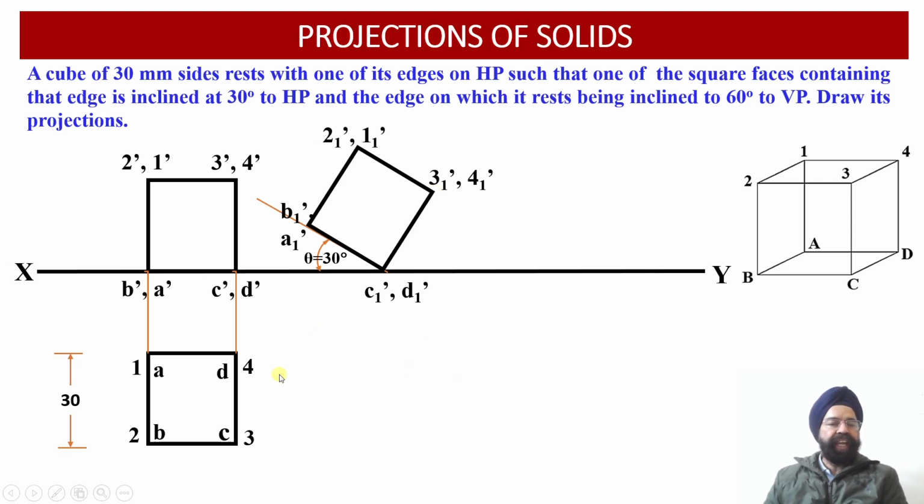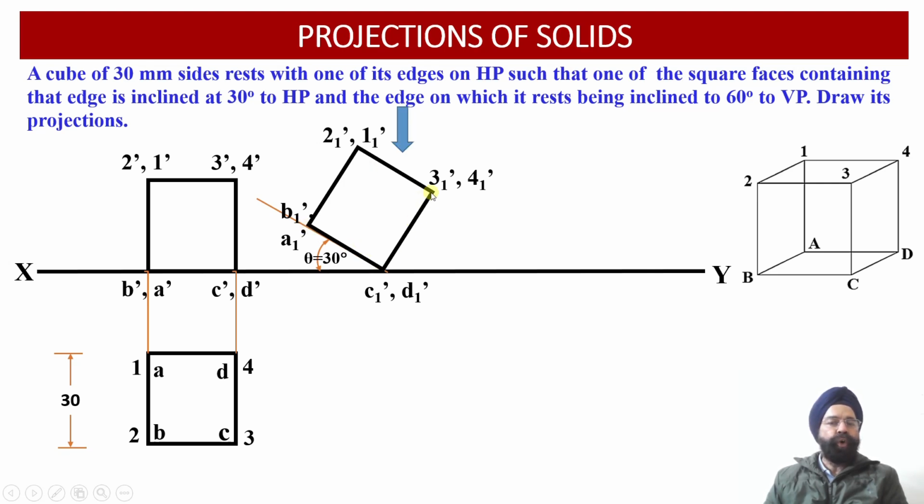So corresponding to these 8 points, we are required to obtain the top view projections as they will appear to an observer who is going to look at the solid from the top.